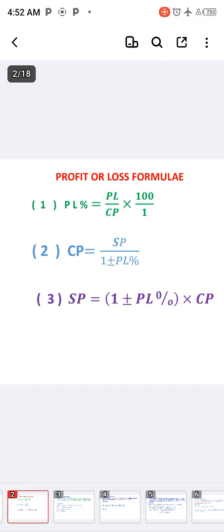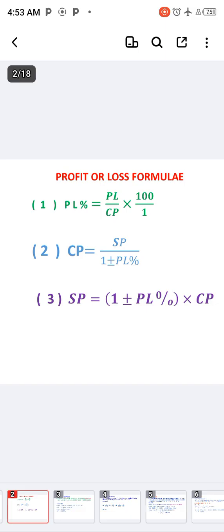And to find the loss percent, you will use loss over cost price times 100 over 1. So this first formula is used to calculate the profit percent and the loss percent.